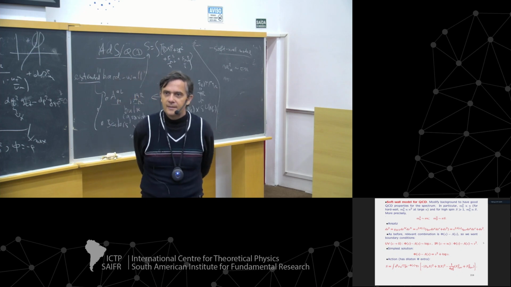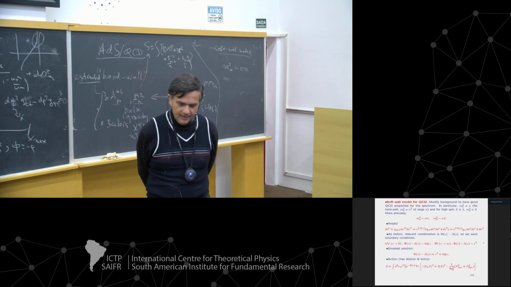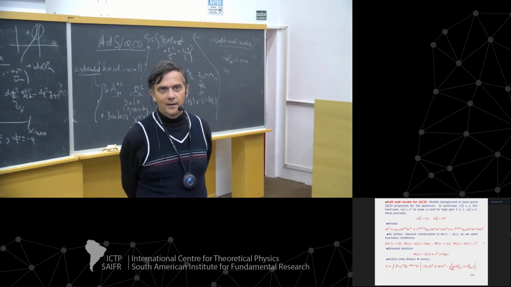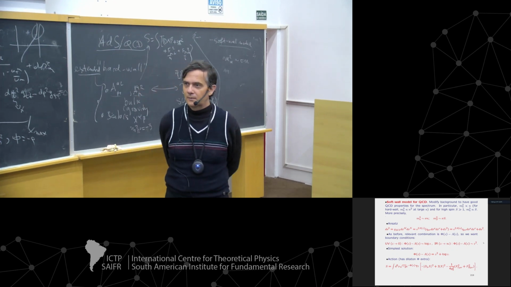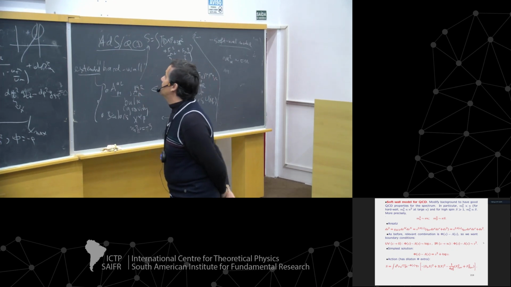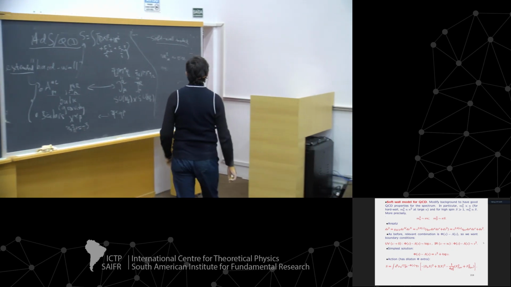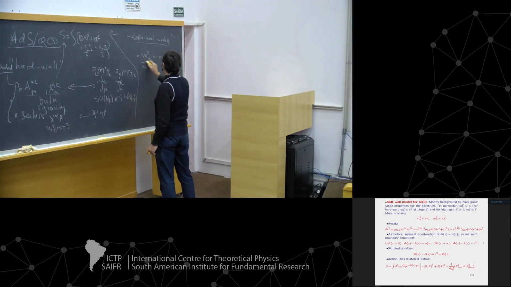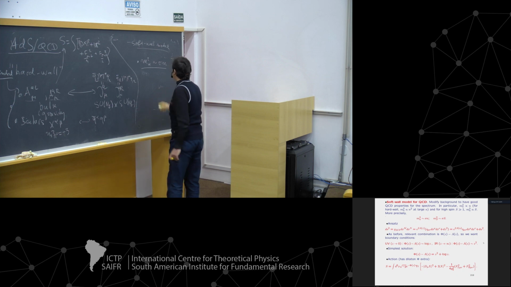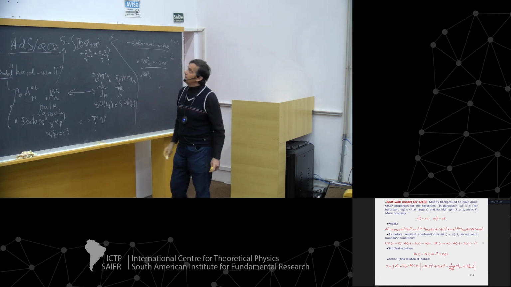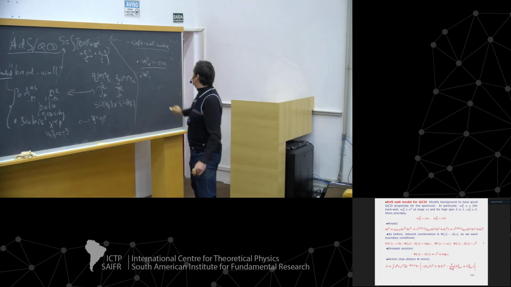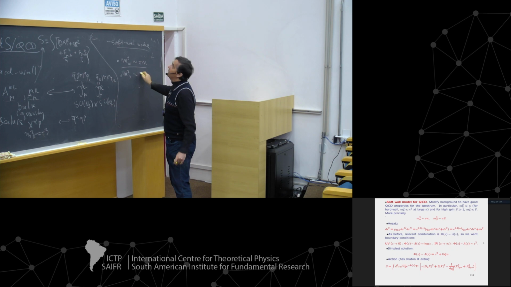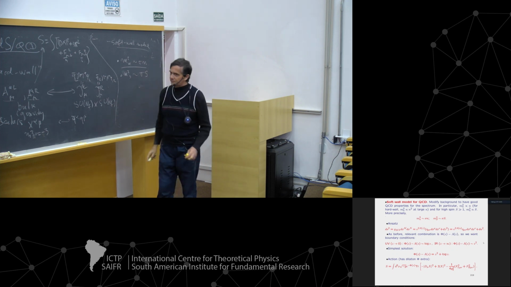We know that the mass squared of excited states instead grows linearly with n, not with n squared. So the soft wall model came out of the requirement to have this behavior, and also for high spin, we want to have also linearity in spin.